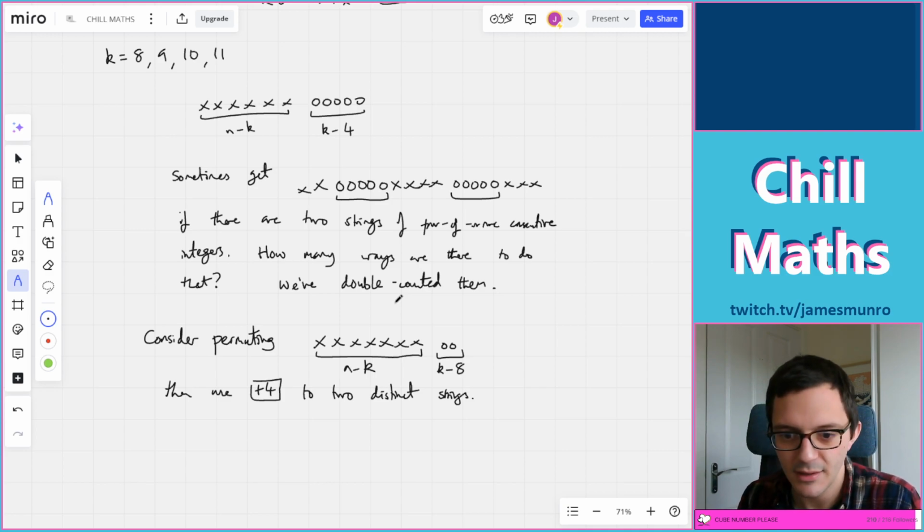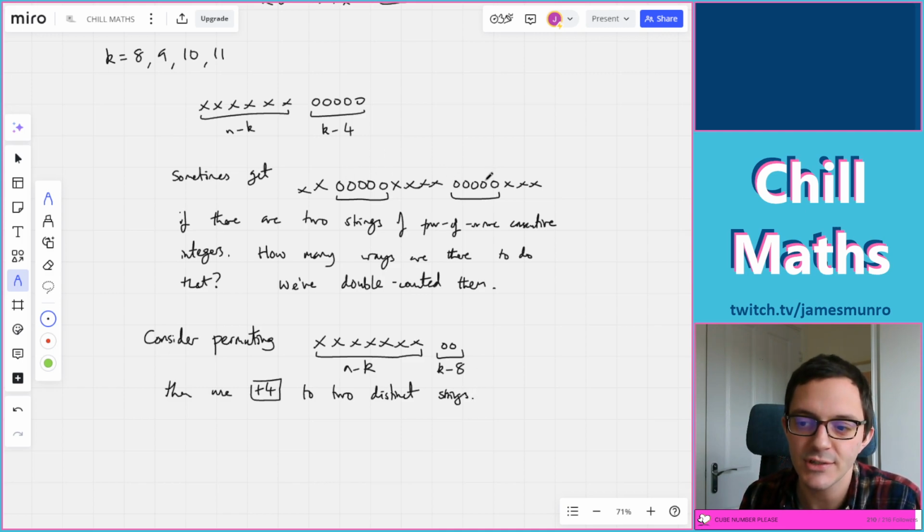Here we go. So to count the cases that we've double counted, the ones with 2 long strings, I'm going to imagine removing 8 of the ones that you're picking and permuting the rest of this stuff. Same idea though.